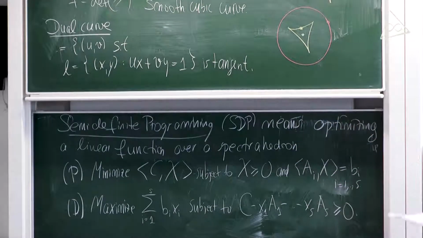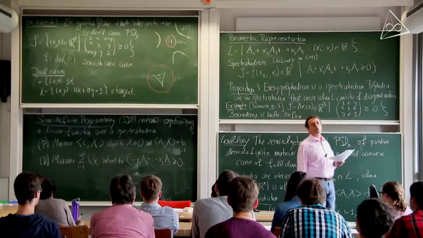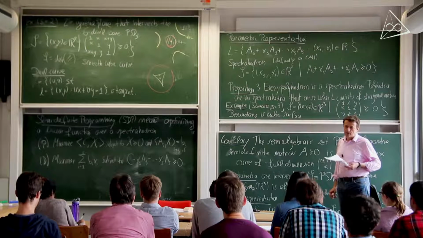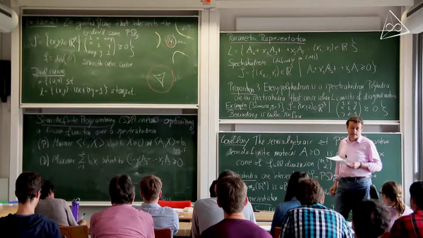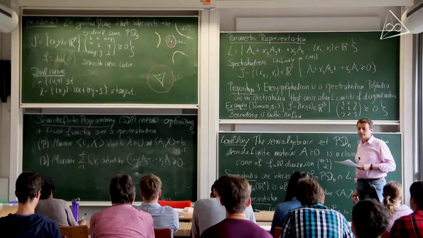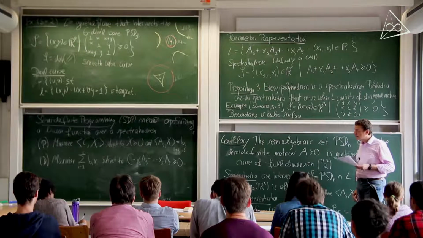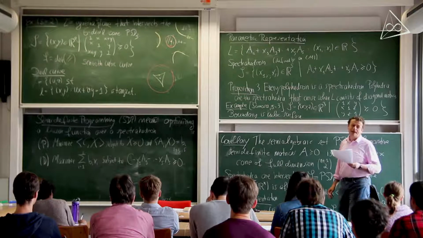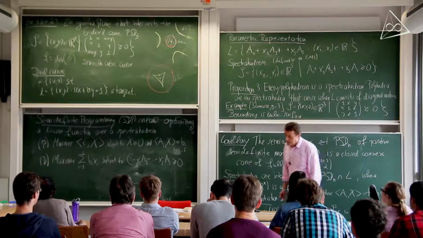So now I have the downstairs formulation where I have a dual problem in a space that's constrained in s-dimensional space with an LMI. Okay? This is the primal and the dual formulation of the same semi-definite optimization problem.